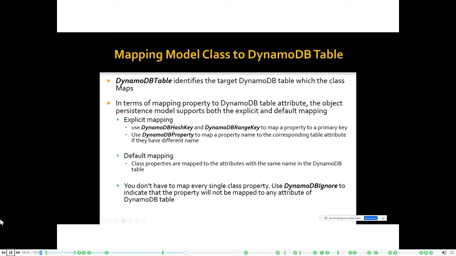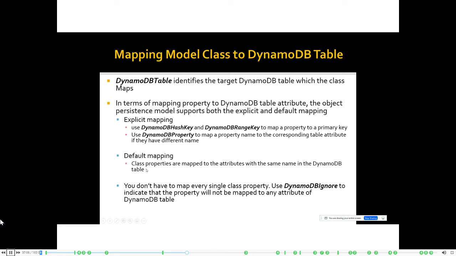We use DynamoDBHashKey or DynamoDBRangeKey to map the partition key and the sort key, okay? And use the normal DynamoDBProperty to map a normal attribute of the DynamoDB table to the property of the class.